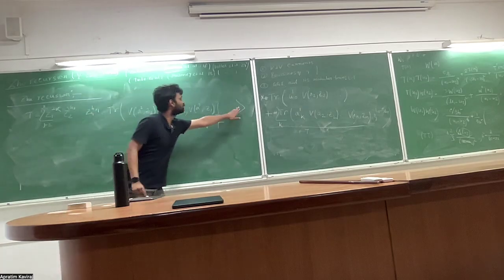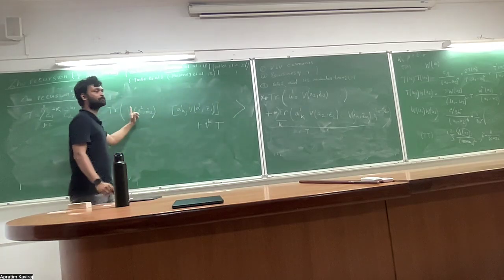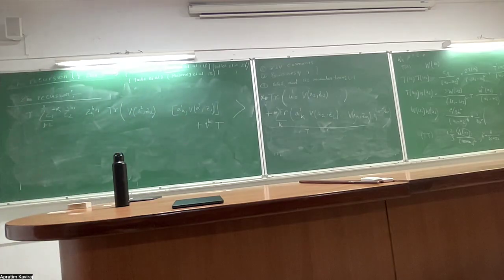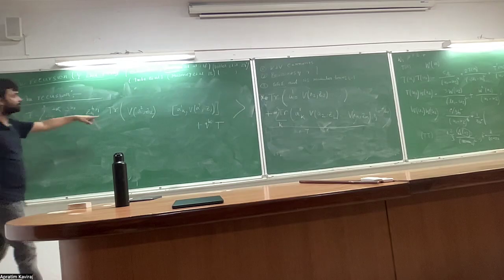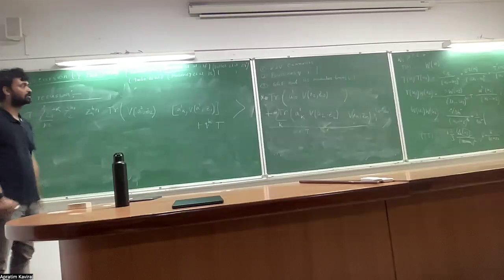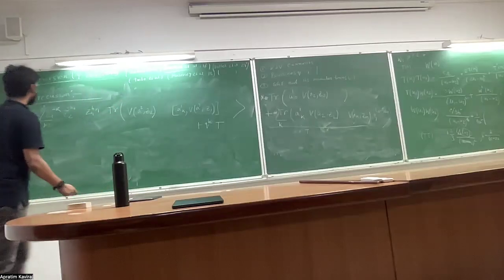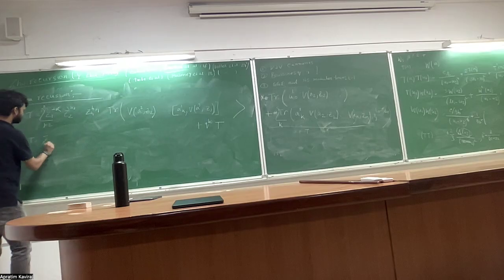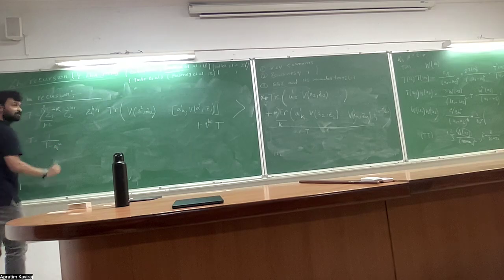Because when you are here, you can bring it back using the trace property. You get, yeah, right. But it's all of these terms. Exactly. Okay, and then obviously this is for one particular mode. You also have a sum over k, of course. So now I can write T as 1 minus... So this T also has a level k.